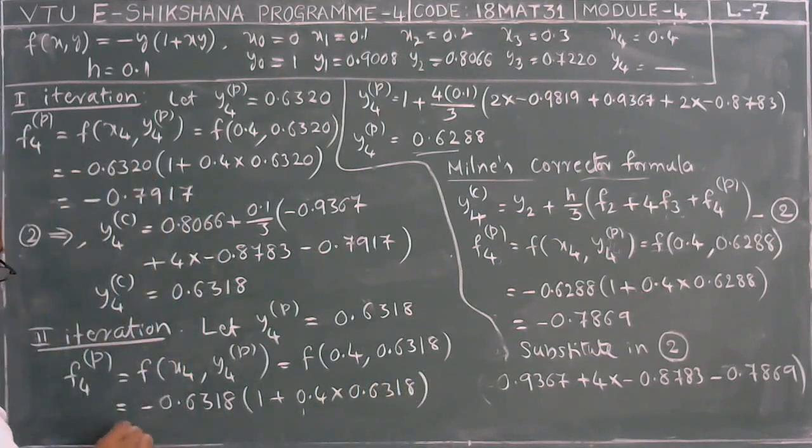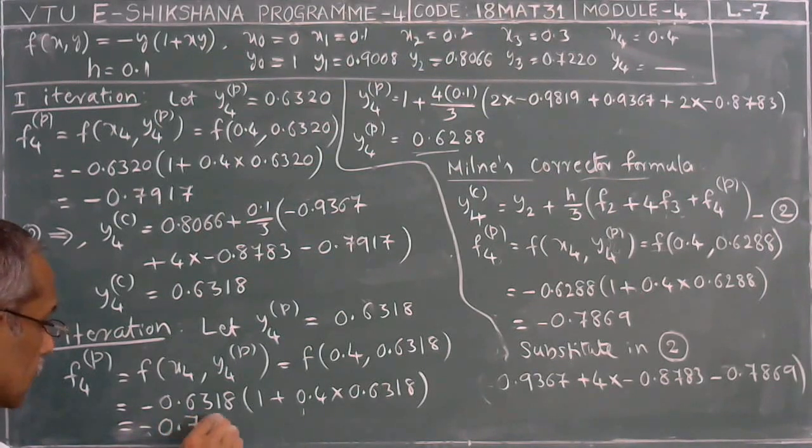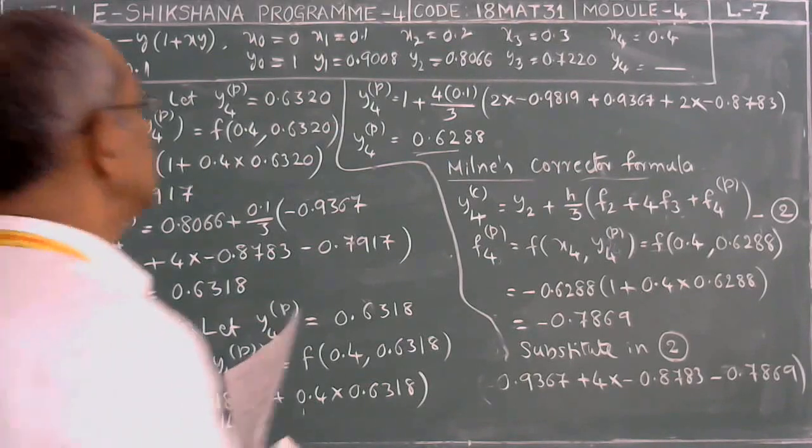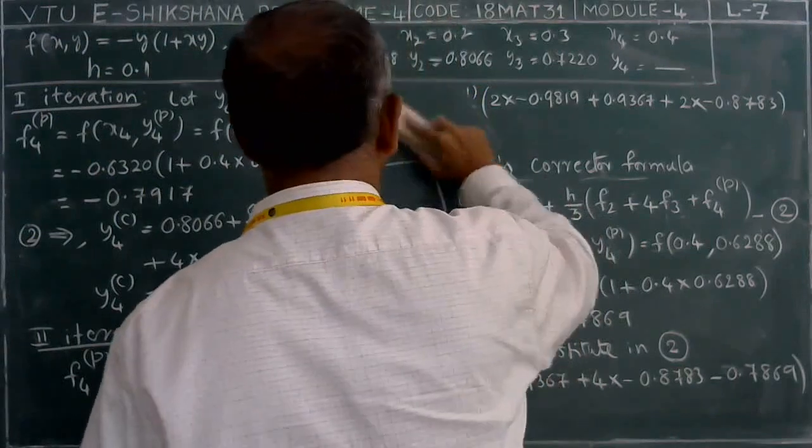If you compute this carefully, you get f4p equal to minus 0.7914.